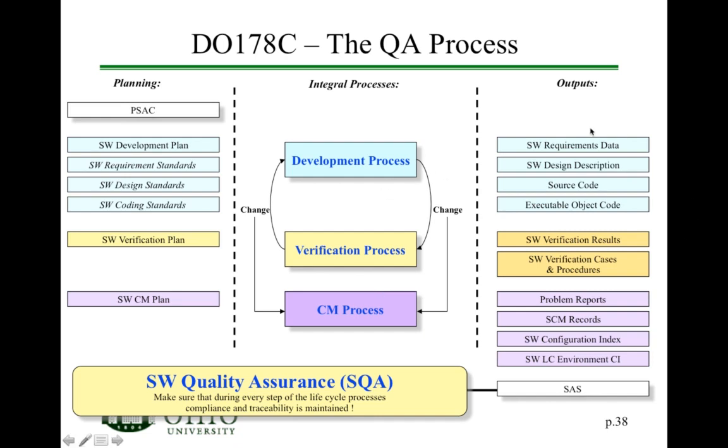These things will generate a set of outputs, and quality assurance will make sure that during every step of the lifecycle process, compliance and traceability is maintained. So for everything you're doing in the integral processes, they check whether it is compliant with all the plans and standards that you came up with. Both these processes as well as the outputs.